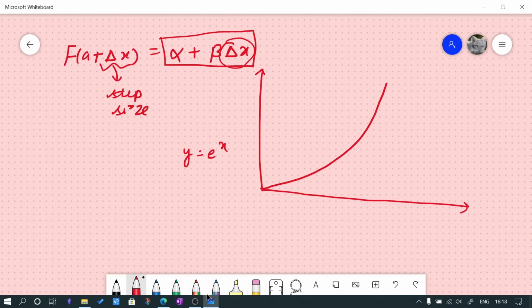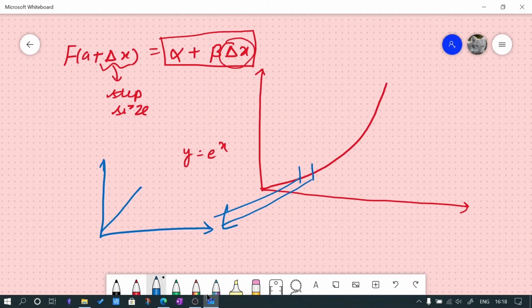But when we select a very short segment of this graph, for example this segment, and draw it in a bigger fashion, it turns out to be approximately a straight line. So how do you find out this approximation? You must also note that the difference between these values is delta x.